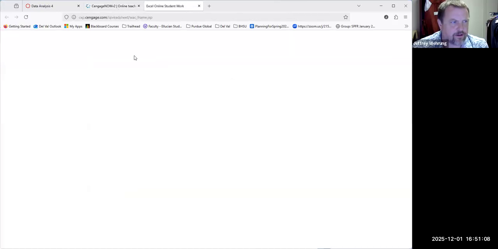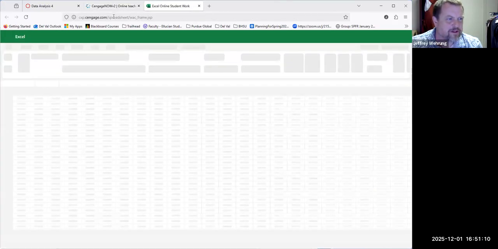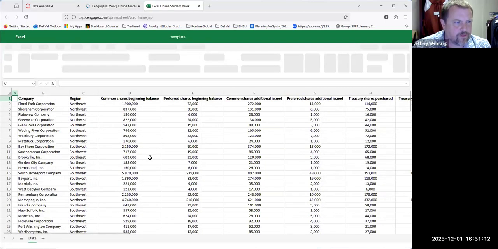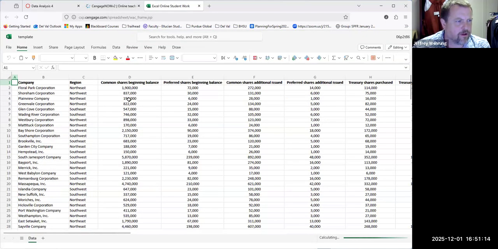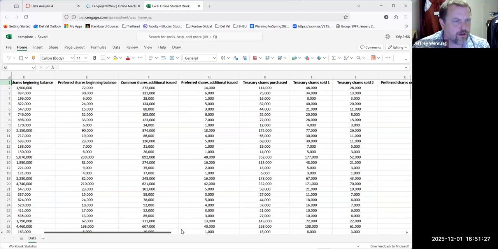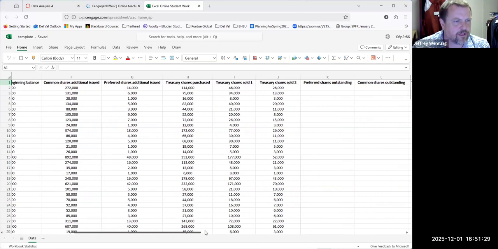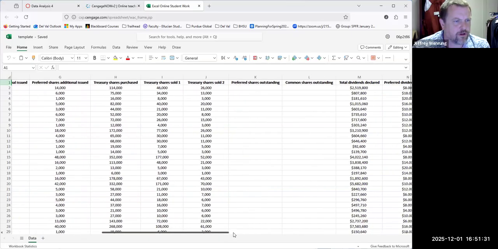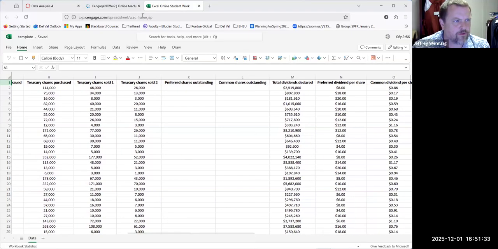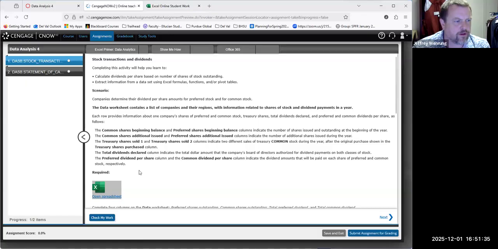So we can look at the number of different types of shares: beginning balance of common shares, beginning balance of preferred shares, additional common shares issued, additional preferred shares issued, treasury shares purchased, and treasury shares sold. Okay, cool. So that's our sheet.